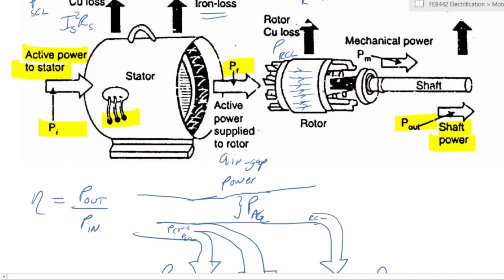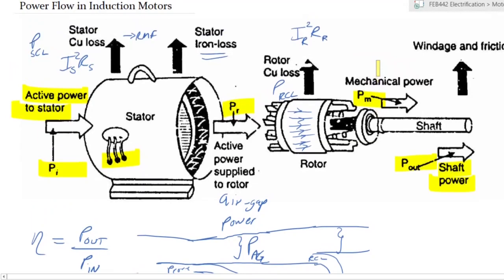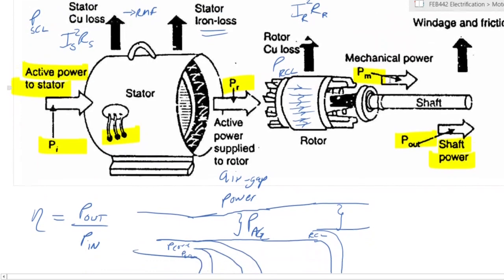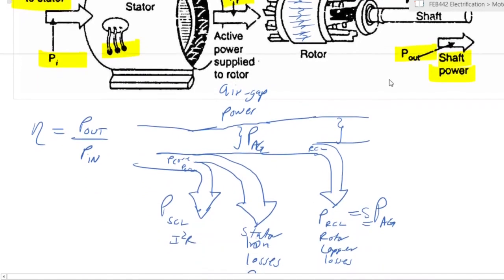Okay. Now, once you have that, what you remain with is the total amount of power that has been converted into mechanical form. So you've lost some heating to the copper of the rotor, but you're now left with mechanical power available at the machine.